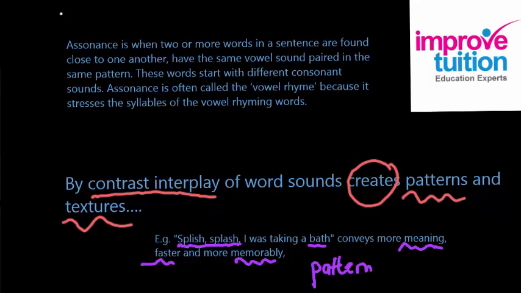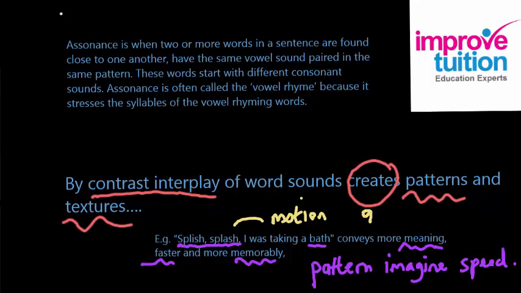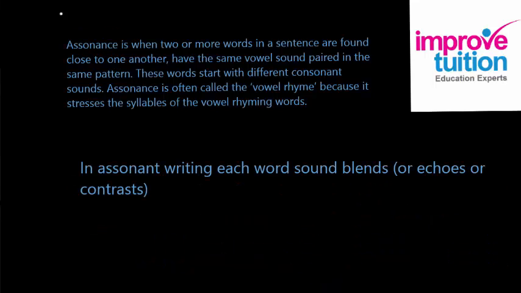These patterns create an image in the reader's mind, and the speed and motion conveyed through splish splash shows that it's quick and rushed. So the bath is rushed. That's assonance in play.